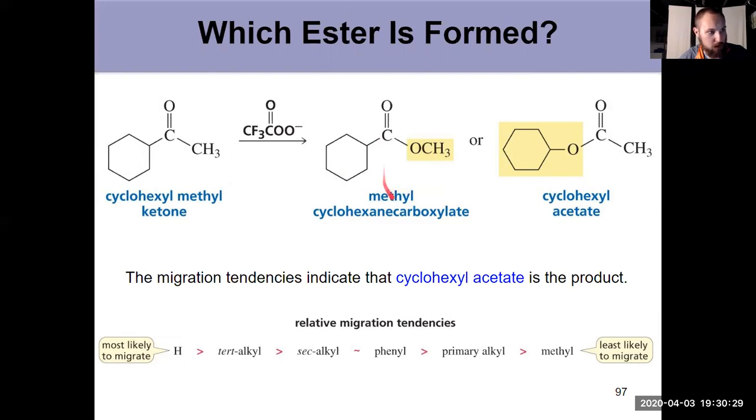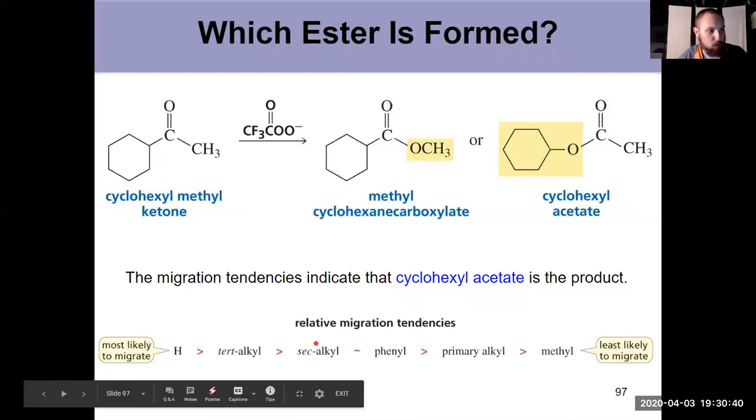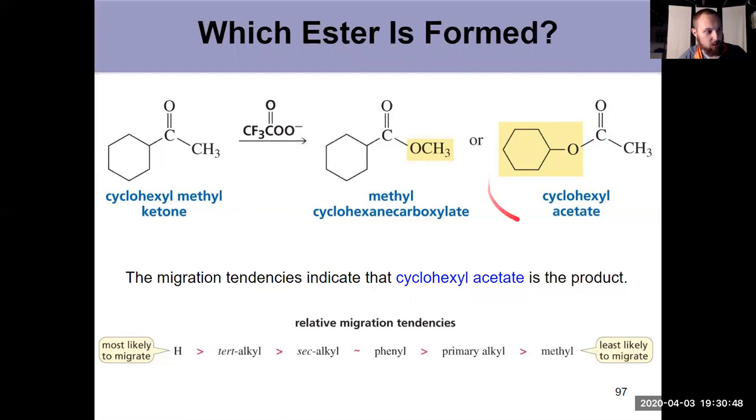Two possible products. And it turns out that the one on the right is our product here, because as you can see, a secondary alkyl group moves easier than does a primary alkyl group, right? This is a primary alkyl group. This is a secondary alkyl group, okay? So it can move faster.